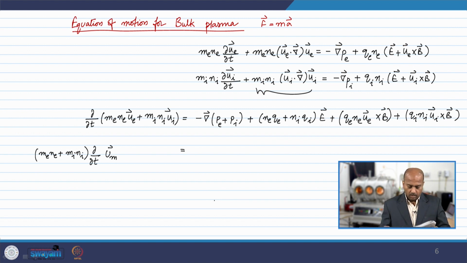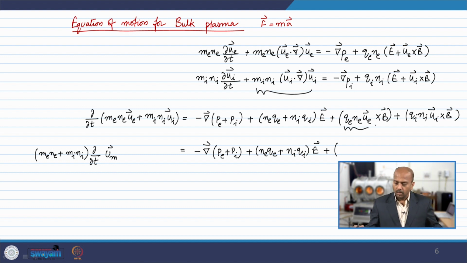Um is equals to minus del of (Pe plus Pi) plus this one, the total charge (NeQe plus NiQi) times E plus, so this is J is equals to NeV, right, charge multiplied by the number density multiplied by the velocity.